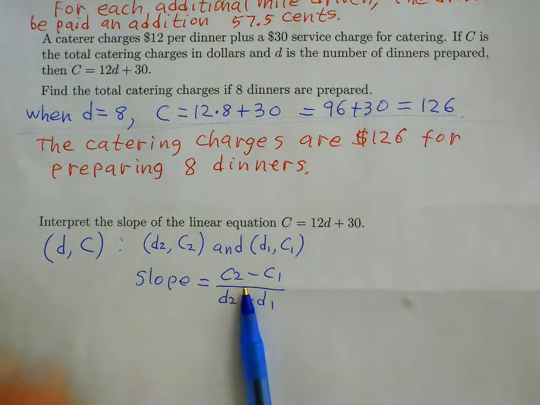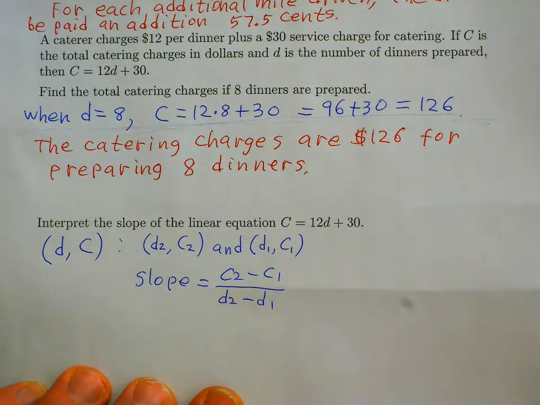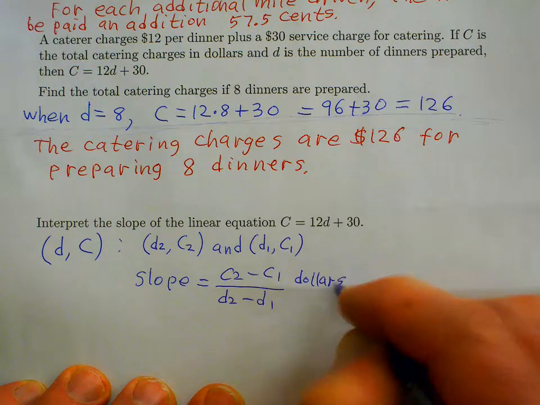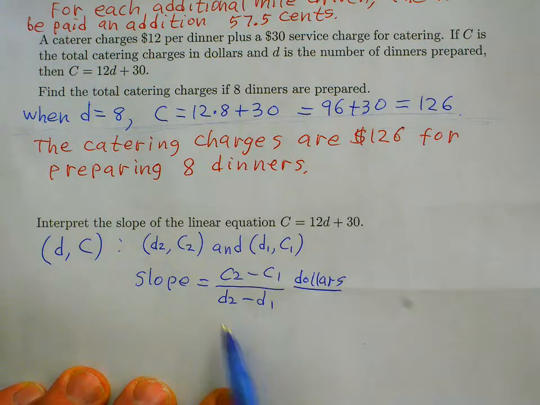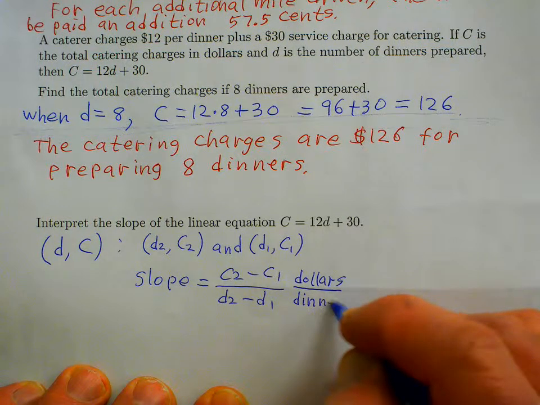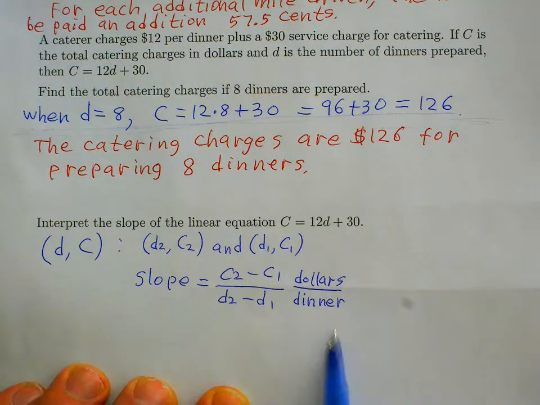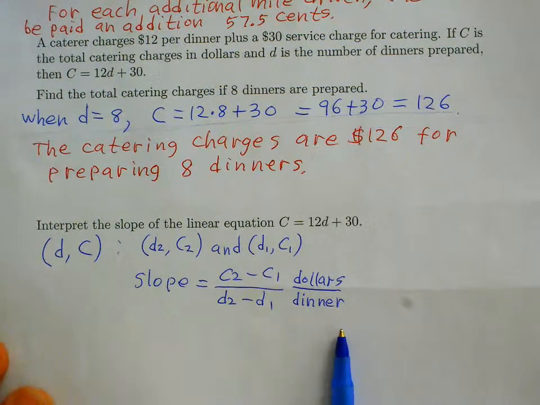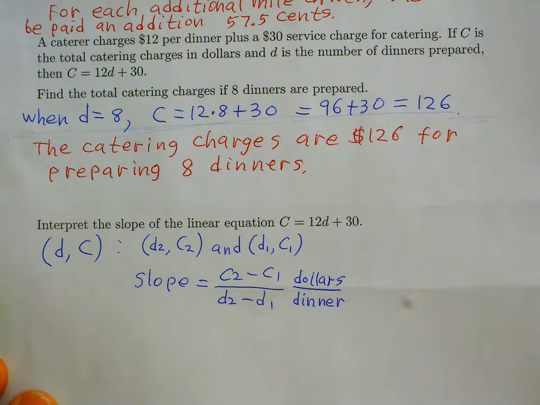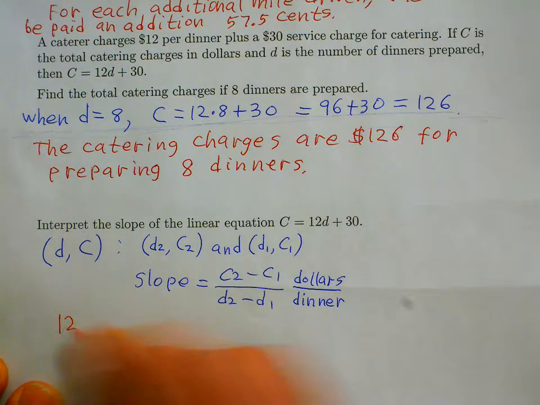The units for capital C are dollars, and the unit for lowercase d is dinners. So dollars per dinner is the slope. Okay, so our slope is $12 per dinner.